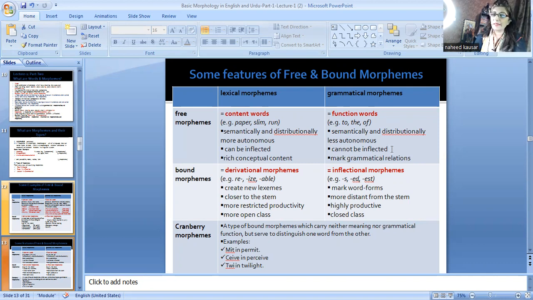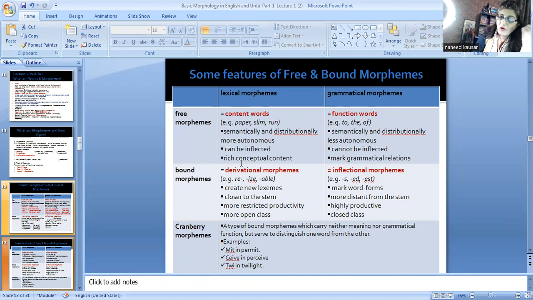So see that this is in contrast to the first type: the lexical free morphemes are more autonomous and can be inflected, but the function words or grammatical morphemes cannot be inflected.